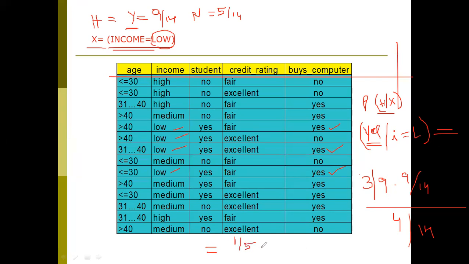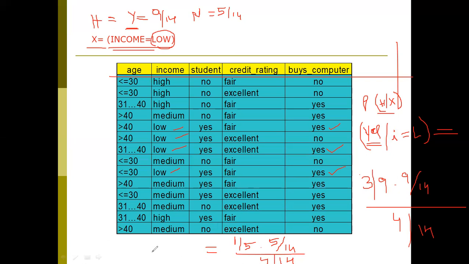Into 5 by 14. 5 are the no class labels in total records, by, this is same, 4 by 14. Okay. These are the values substituted.